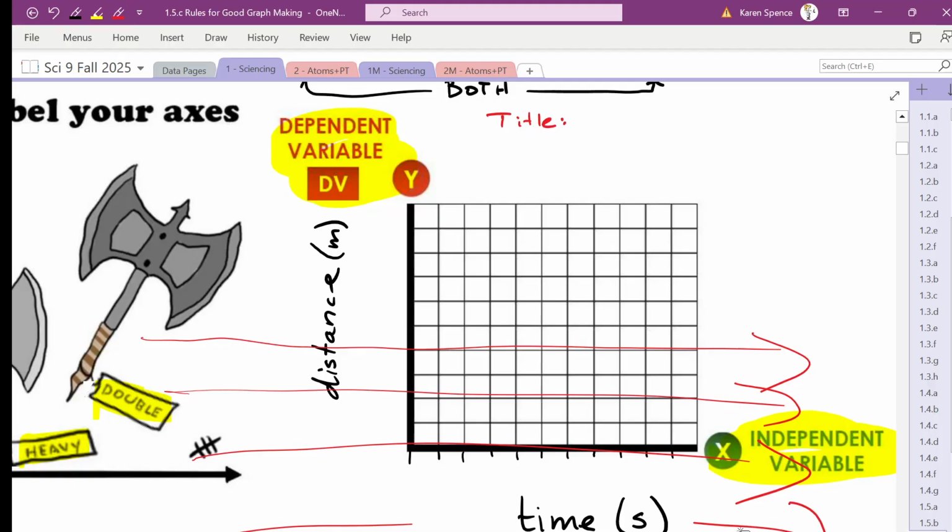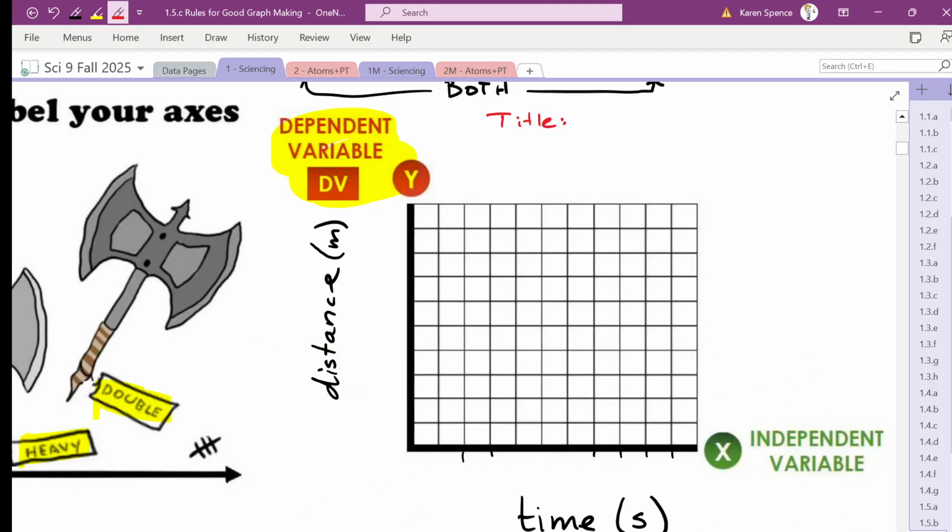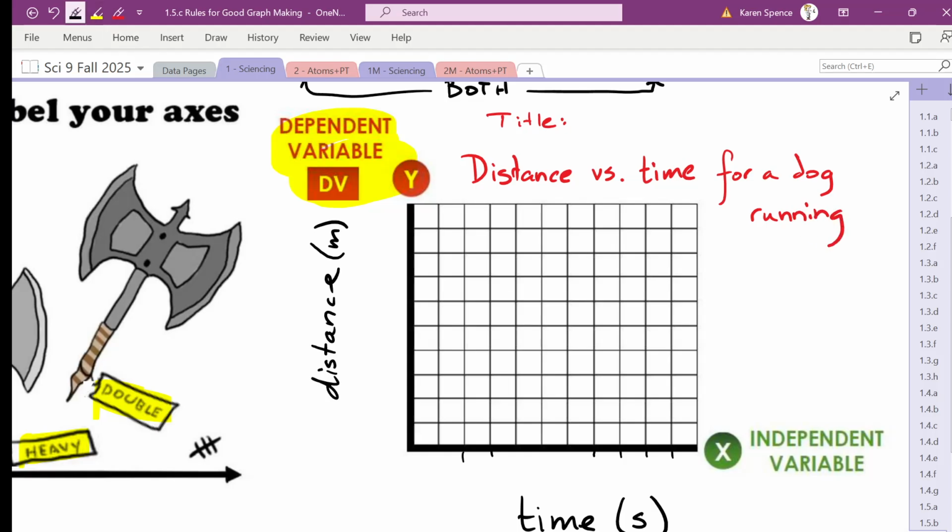So you're going to write, and I'm going to get rid of all these because they're not useful, distance. And then what goes in between distance and time? Versus, VS. Time. And then if you want to get descriptive, you can say something like, for a dog running. This part here is optional.